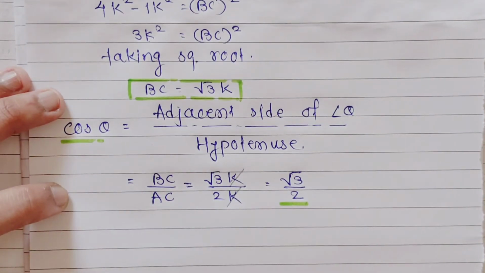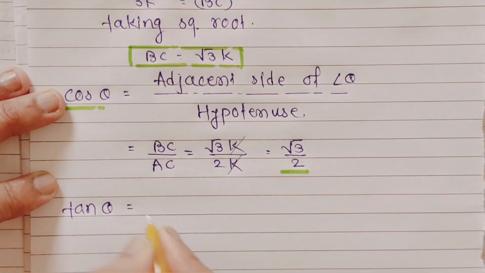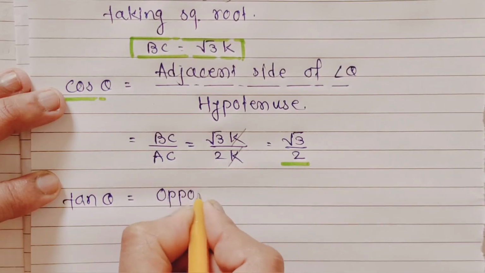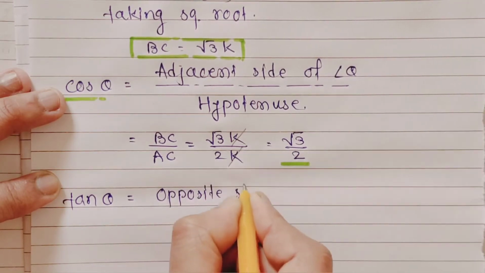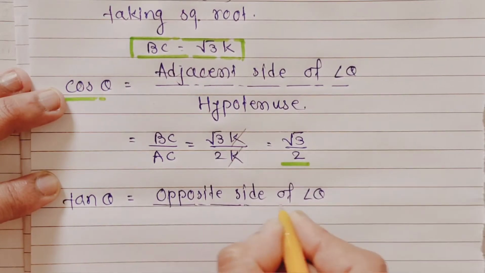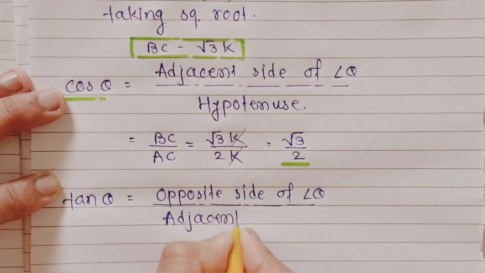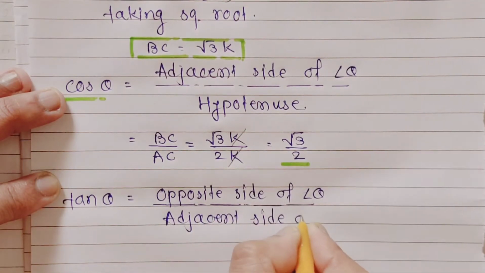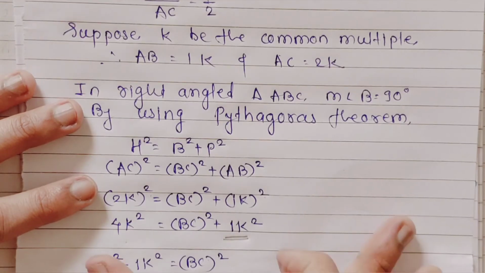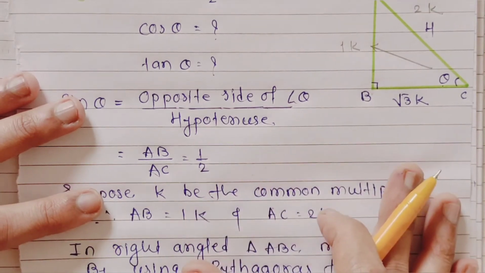Now we have to find out tan theta. Tan ratio is equal to opposite side upon adjacent side. Opposite side of angle theta upon adjacent side of angle theta. So opposite side, that means front side, see the figure, AB, and adjacent side, that means BC.